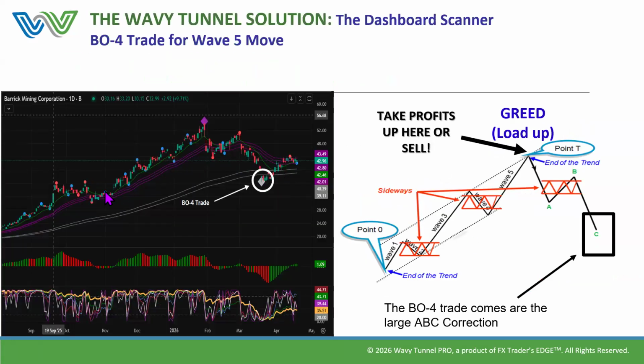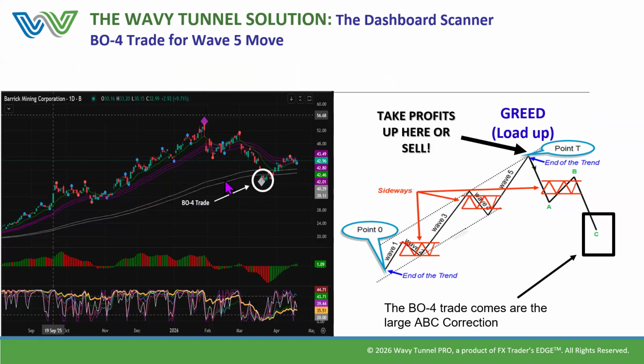Looking at the wavy tunnel to the left, you can see the 8-wave market cycle, and this is the end of wave C, where the breakout 4 trade lives after an ABC correction, right here where we see the gray diamond. This is what the scan finds: the gray diamond for this breakout 4 trade right below the tunnel.